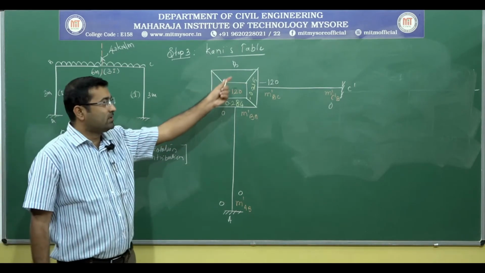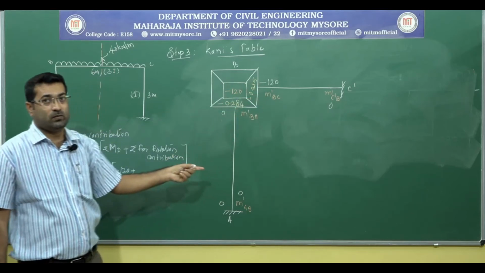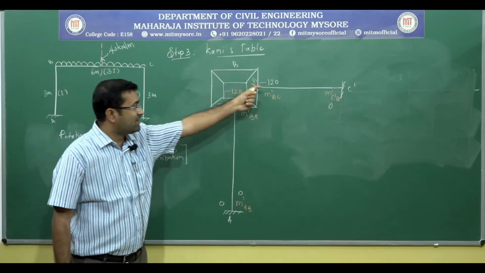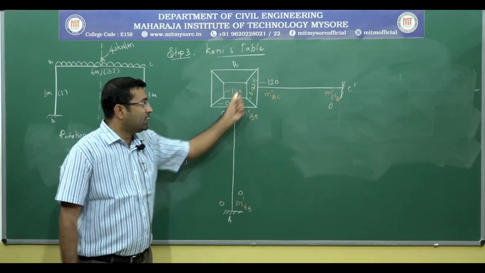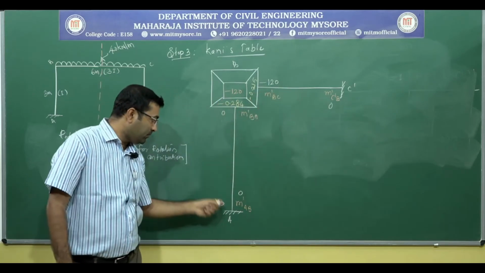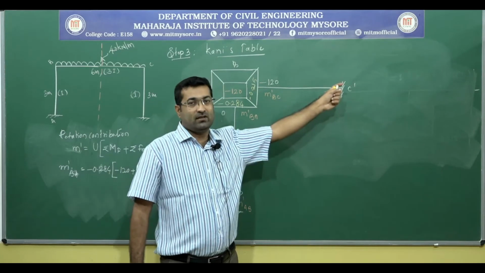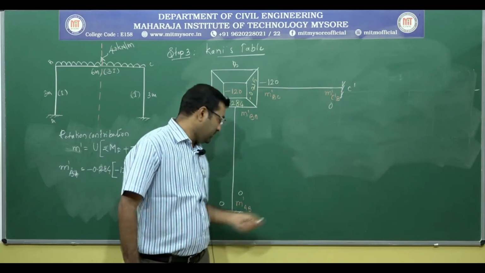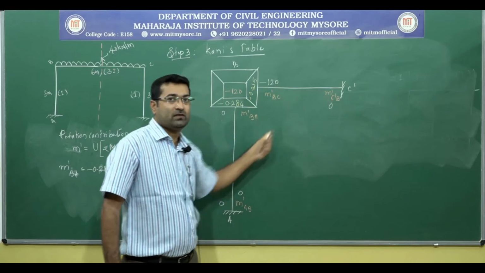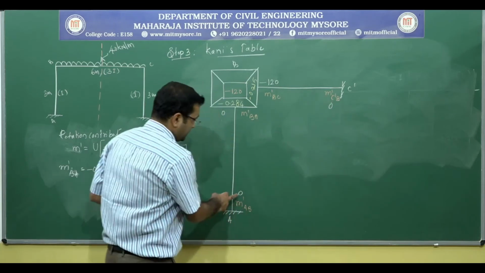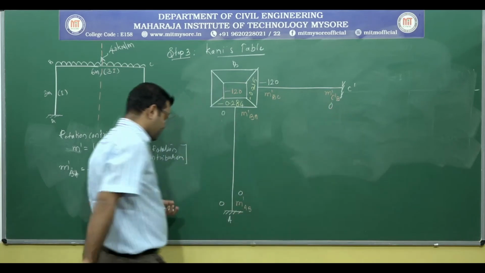For B joint, which are the far end rotation contributions? For B joint, we can see we have two members, BA and BC. For BA member, A is the far end. For BC member, C dash is the far end. So we need to see what the rotation contributions are for these two joints. You can see this is 0 and this is also 0.